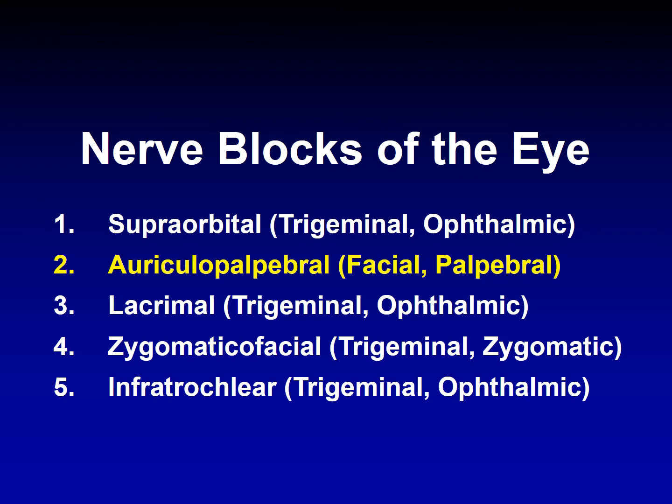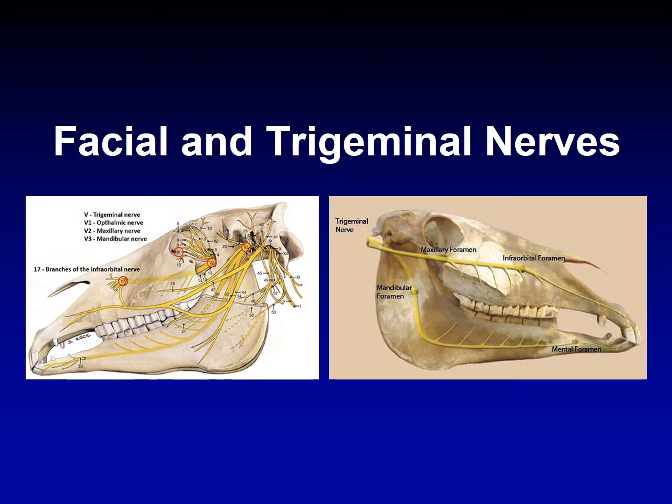And next, I'm going to show you the same pictures that you've seen before, so you can have a mental image of where these nerves are coming from. Again, you have seen these two pictures earlier in the first lecture, and as you can see, you have two major nerves in the left one. The first one is the facial, and the second one is the trigeminal.